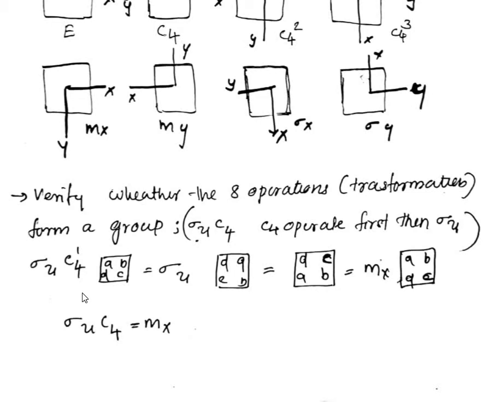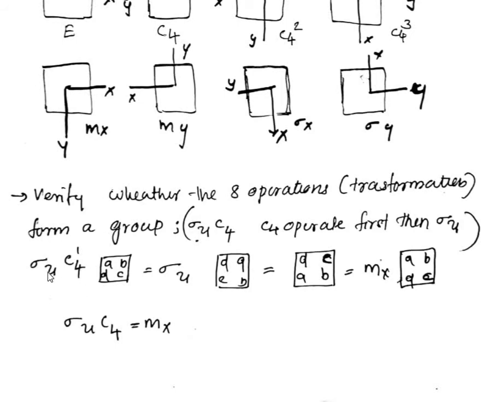right to left. Okay, so when we do the operation, if we have C41, C42, C43 and the identity element, then Mx, My, sigma U, sigma V form a group, it has to obey the closure property.